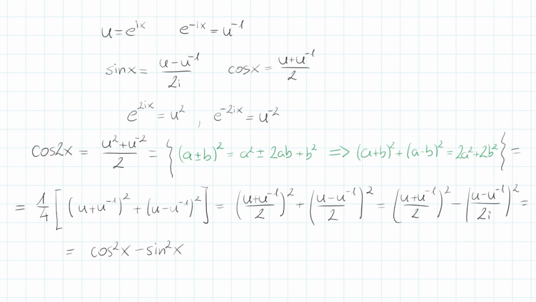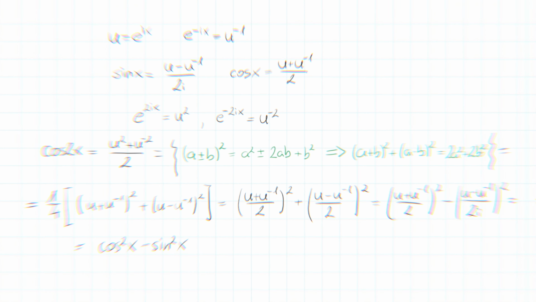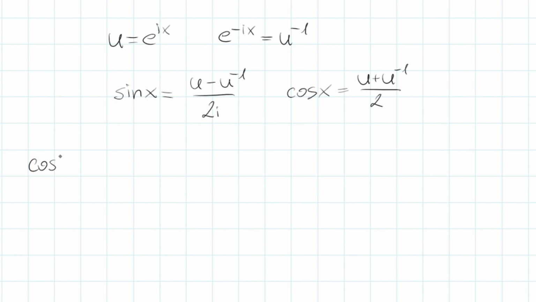You might say, fine, I already knew these formulas. Check out one more example to see an easy derivation of a formula which you probably don't have memorized. Consider cosine of 3x. This is written in our notation as u cubed plus u to minus 3 over 2.